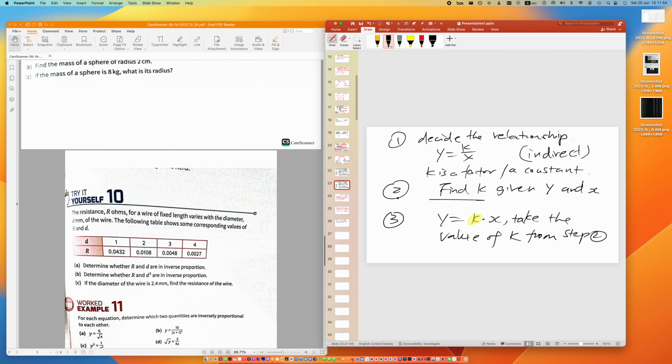Divide. Yeah, done. That sums up our first half. Simple? So you just need to remember the steps.